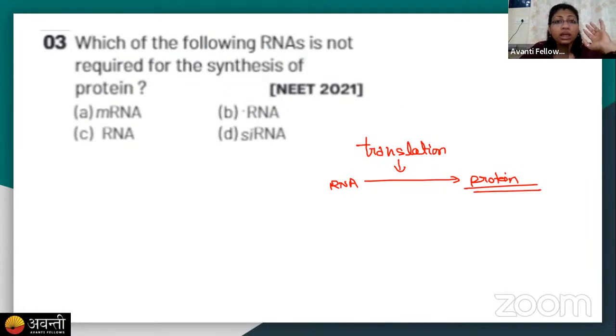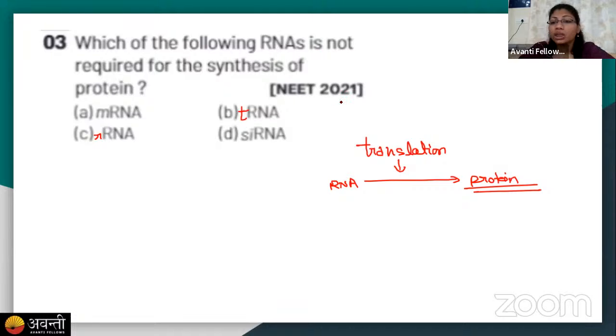Among these four options, we have to find out which RNA is not able to synthesize the protein. So option A is mRNA. Okay, some misprinting is here. Option B is tRNA. Option C says rRNA, and option D is siRNA.